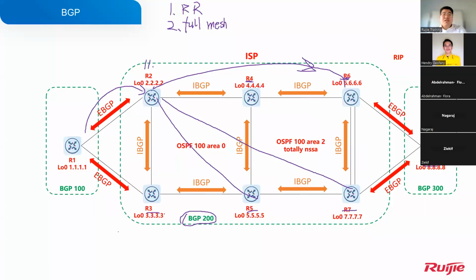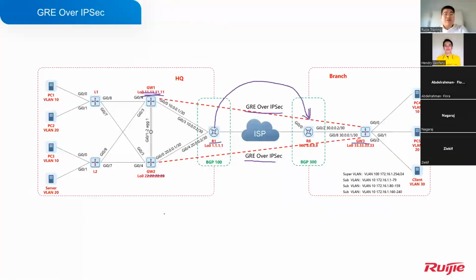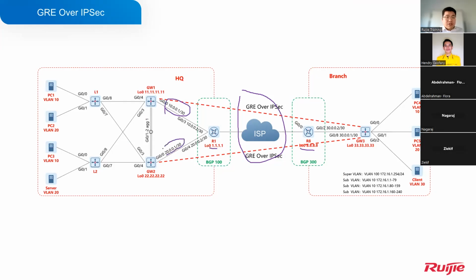Okay, this is about BGP, and next is GRE over IPsec. Since we're introducing GRE over IPsec, I simplified the ISP part and R1, R8. After using BGP, pay attention here, we can forward the routes 10.0.0.0/30 and 20.0.0.0/30 and include the subnet 30.0.0.0/30 to the neighbor.